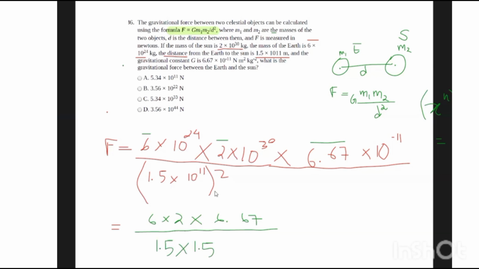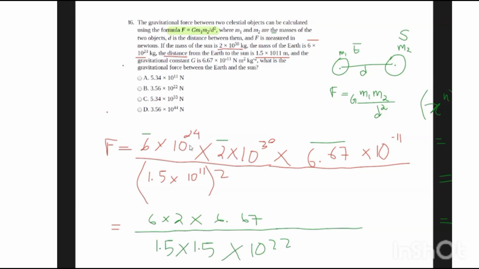So herein, if I have 10 to the power 11 times 2, 10 to the power 11, and then again we have a 2 here, so it will become 10 to the power 22. Okay, so you write it down here.